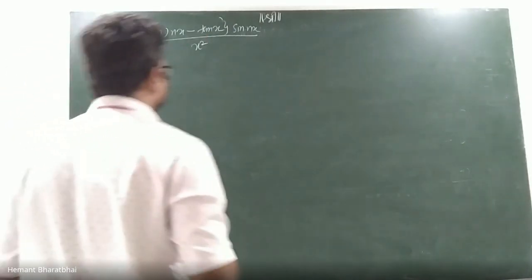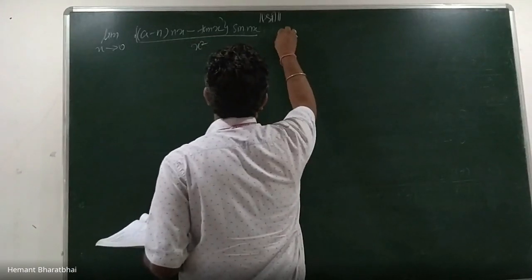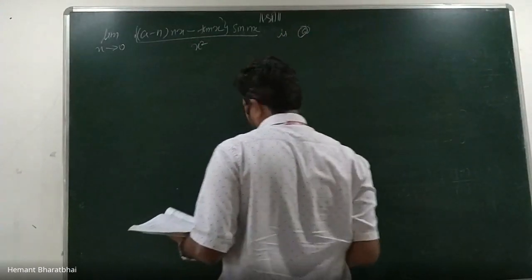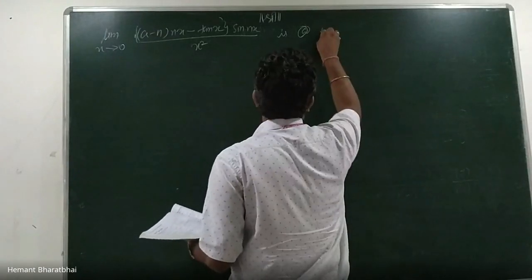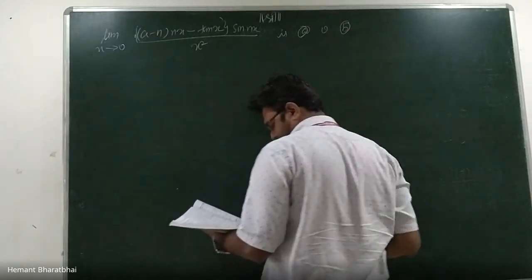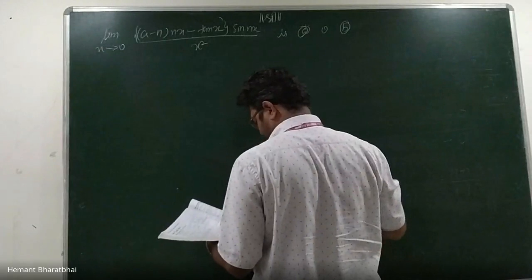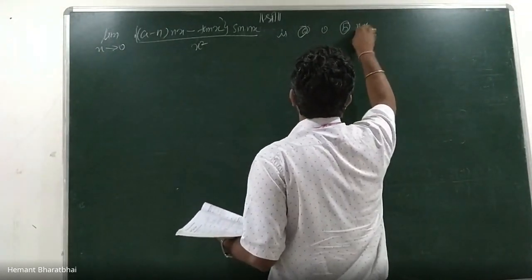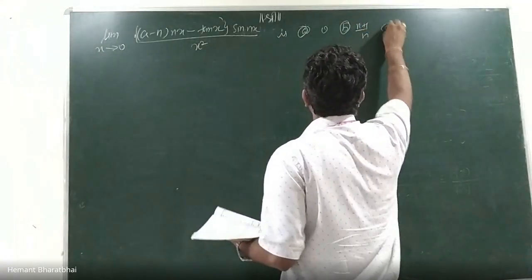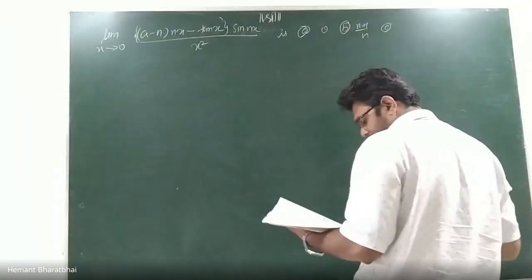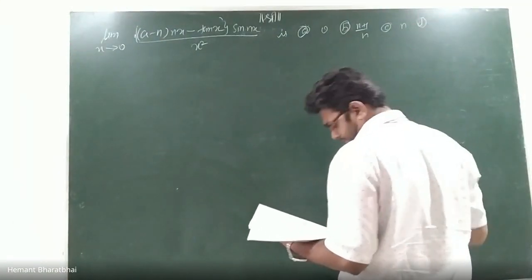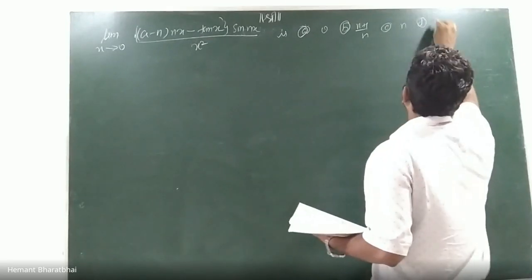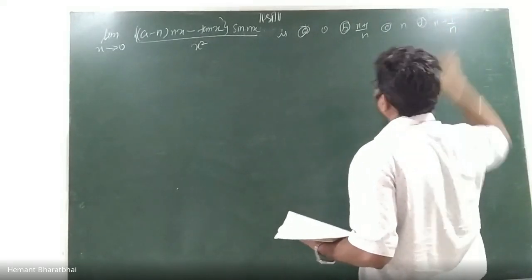So the limit of this is: option number A, 0; option number B, (n plus 1) upon n; option number C, n; and option number D, (n plus 1) by n.